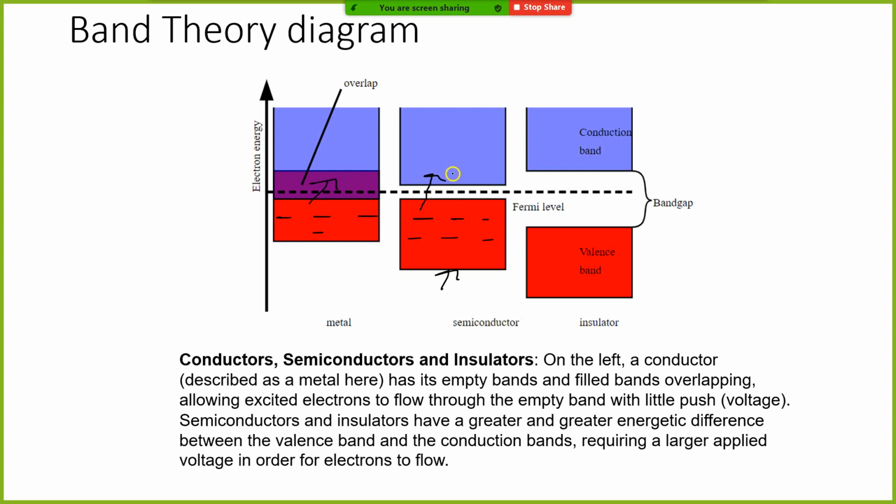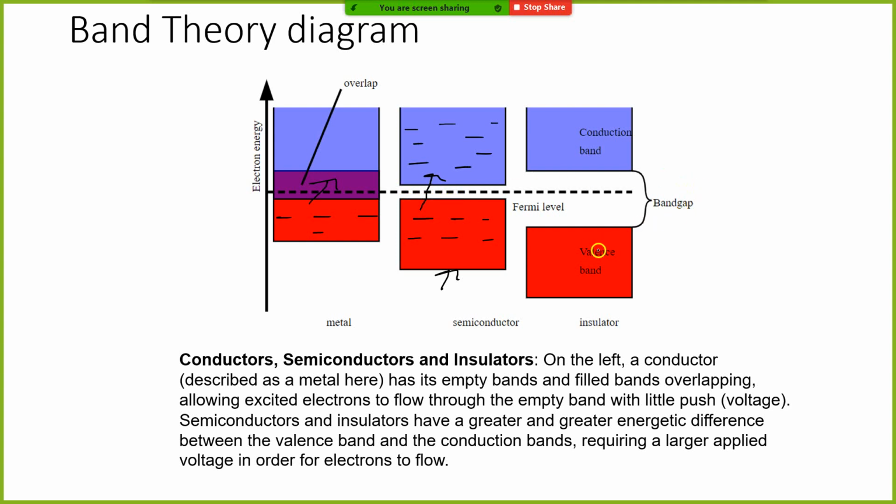By jumping across the band gap, it is now able to conduct. This is going to become more useful to you when you study further physics about semiconductor devices, but you just need to understand that it is because of the small gap that exists between the conduction band and the valence band that it is able to conduct. You understand?